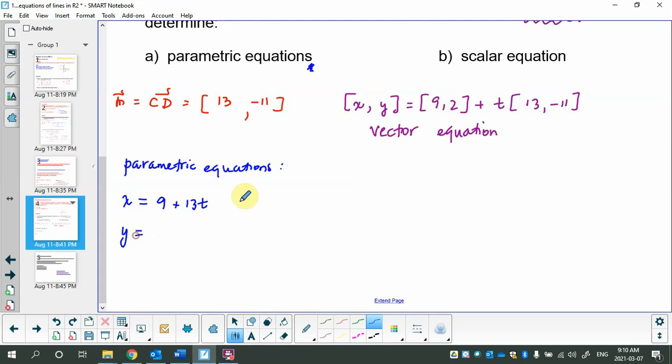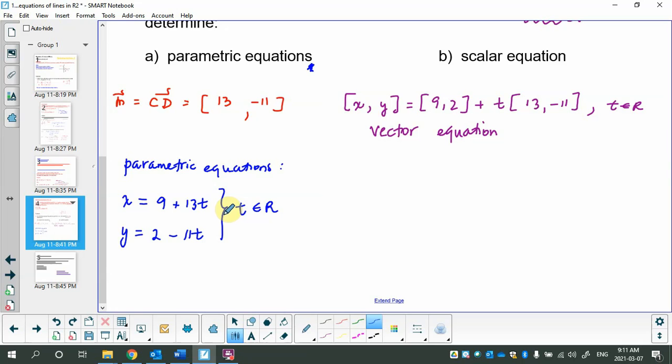And y is equal to the y plus the y with the t. So I'm actually going to put minus 11t. And technically for both of them, you should tack on that t is any real number, to say that it's a parameter.